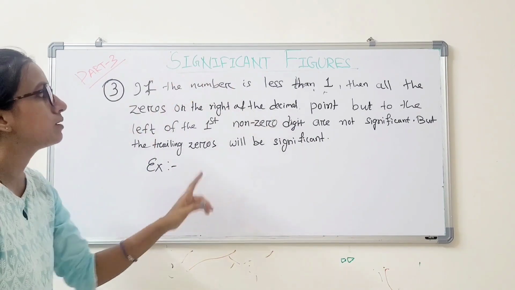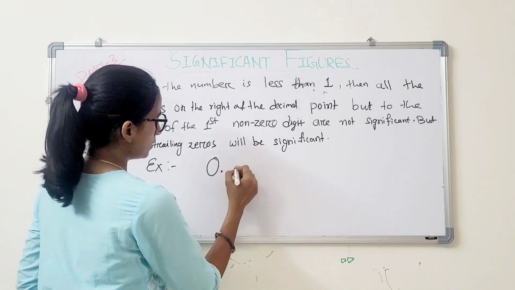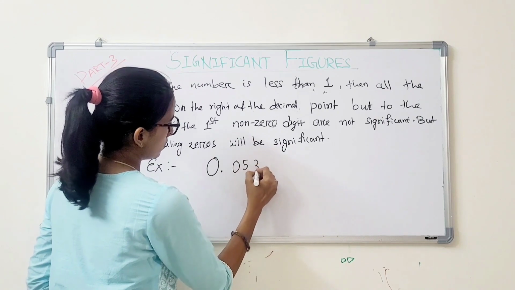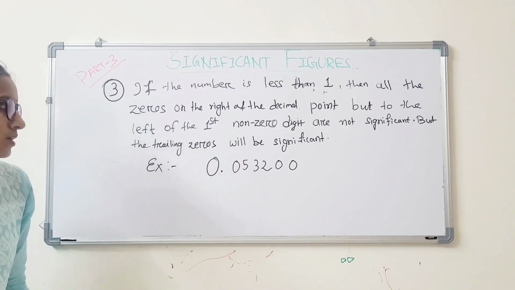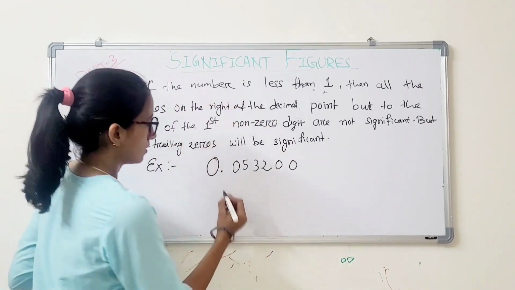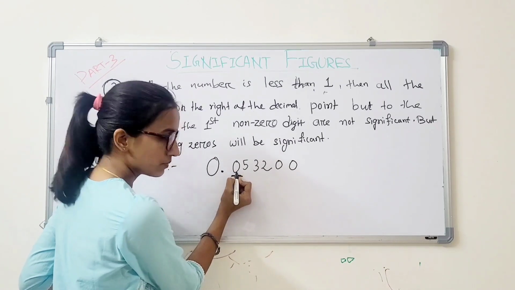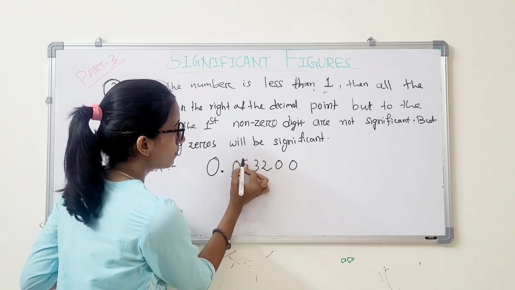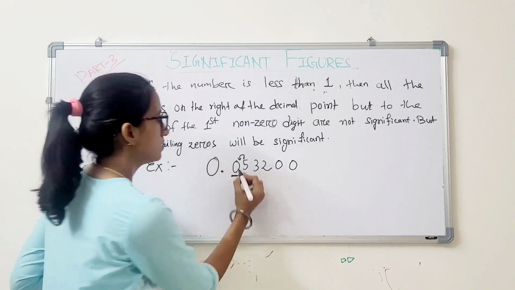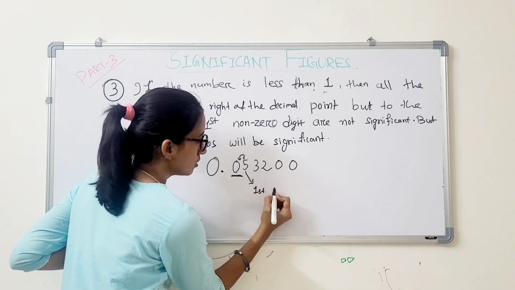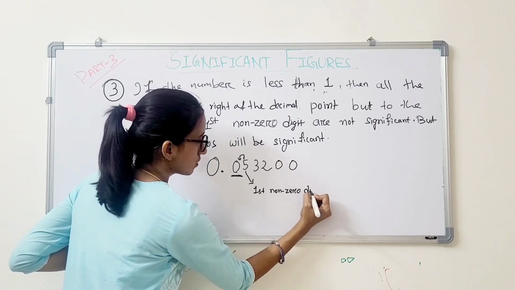What does this rule say? The first line says that if the number is less than 1, suppose the number is 0.053200. As per the rule, this 0 is after the decimal, it is to the right of the decimal, and it is on the left of the first non-zero digit, which is 5. This is the first non-zero digit, isn't it?